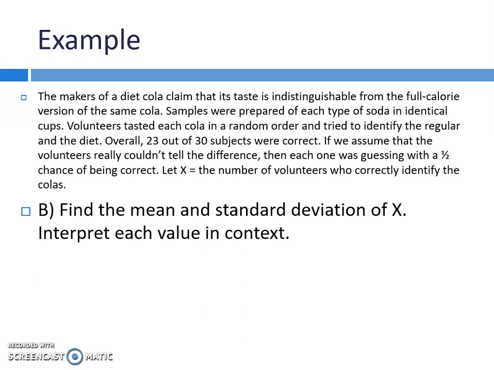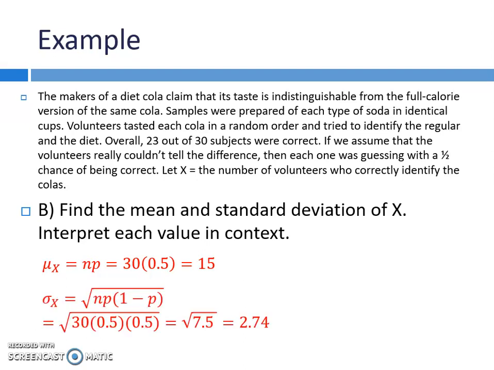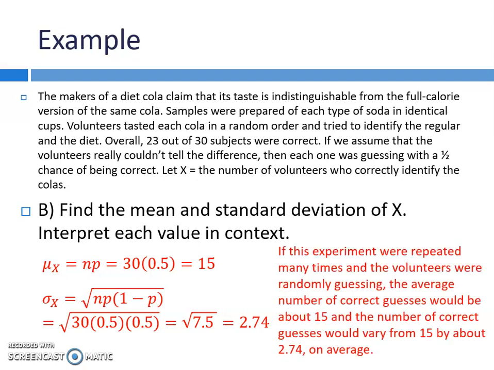Now we want to find the mean and the standard deviation of X, and interpret each value in context. So mean, you calculate n times p. N was our 30 subjects or our 30 trials times the probability of success 0.5, which gives us 15. Standard deviation is there, and you get 2.74. Now, how do we interpret this value in context?